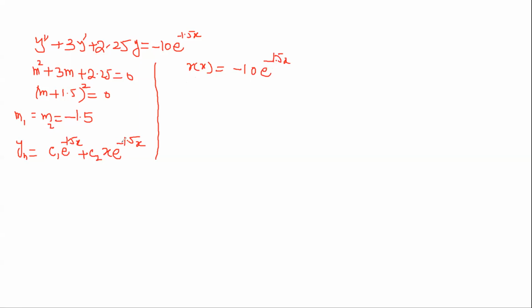And since e power minus 1.5x is not a single solution but a double solution for the homogeneous part, we also cannot simply multiply it by x, because x is already in the solution. So we will have to multiply it by x square in this case. Therefore our assumed yp will be a x square e power minus 1.5x.